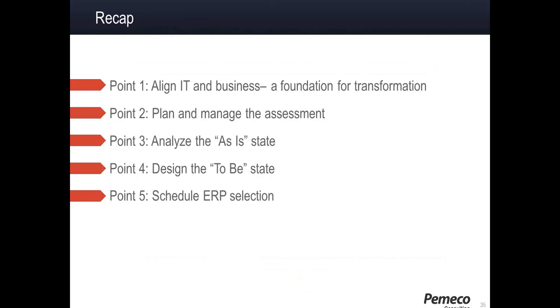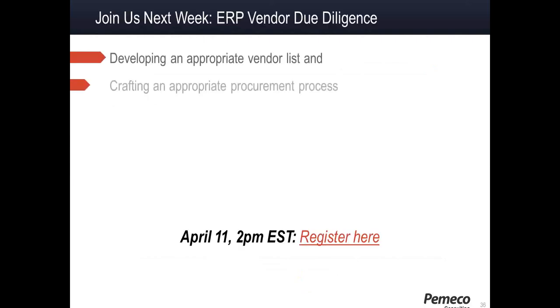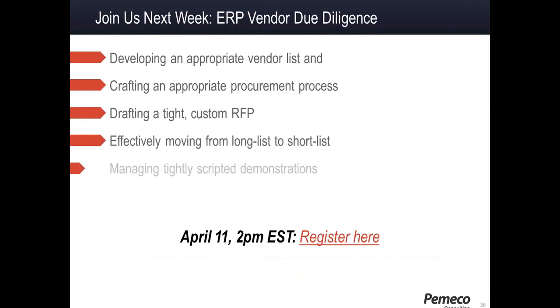We've talked about what goes into designing the to-be state and scheduling ERP selection. And that leads into next week's webcast, doing due diligence on the ERP vendors themselves. We're going to talk about everything that I just mentioned, from long listing all the way through to demonstrations.